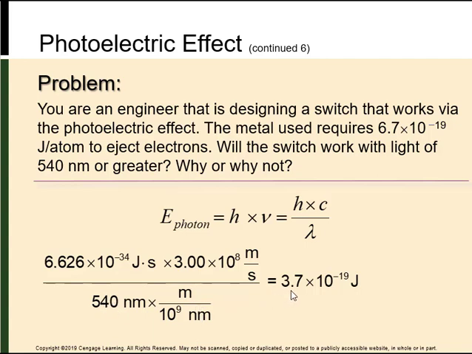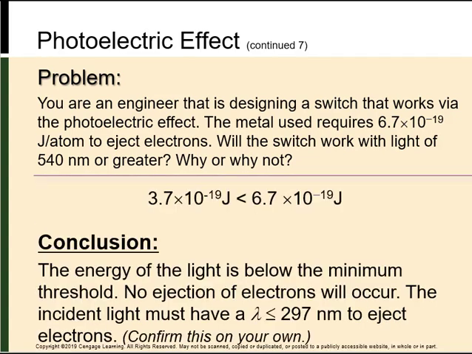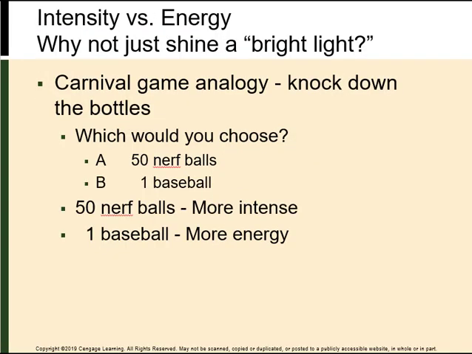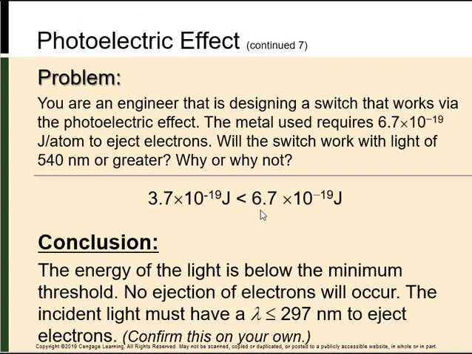We get 3.7 times 10 to the negative 19. This number is less than 6.7. So the energy of the light is below the minimum threshold, so there will not be any ejection of electrons. It needs to have a wavelength of less than or equal to 297 nanometers to eject electrons.